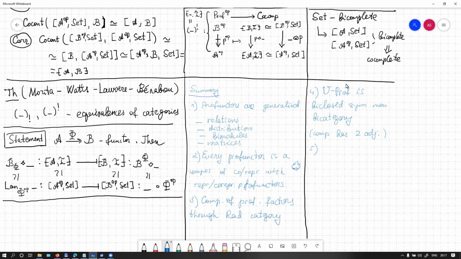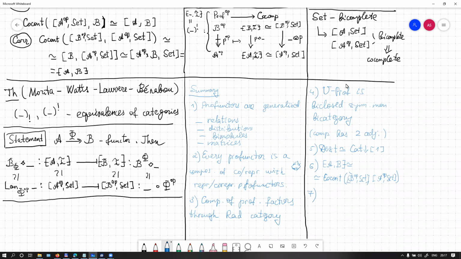Five, Dist is equivalent to the category of barrels. Six, profunctors from A to B are equivalent to co-continuous functors from presheaf categories, B op set to A op set.